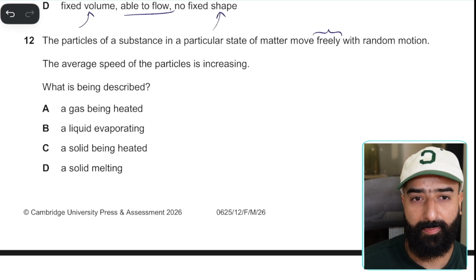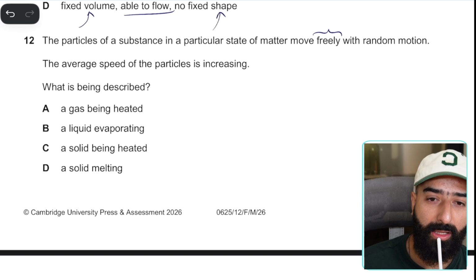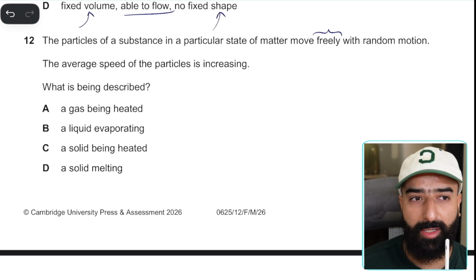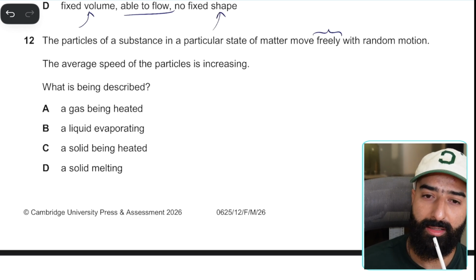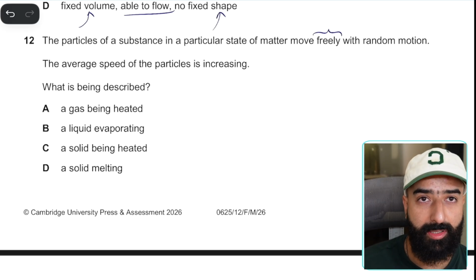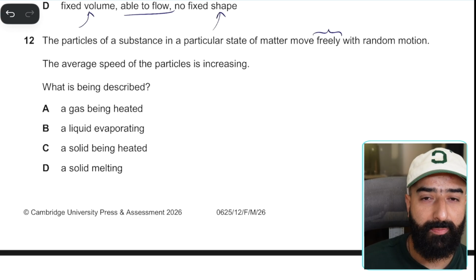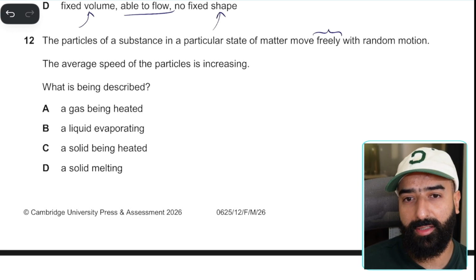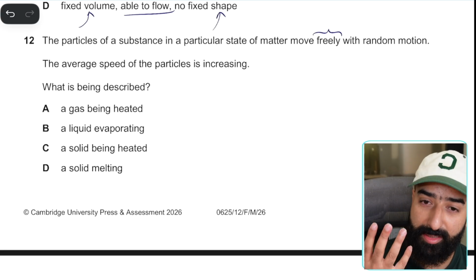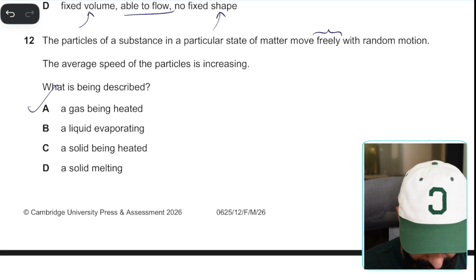So it should be a liquid or a gas. It should be a gas, right? Because the particles of gas move freely. But what's happening to it? The average speed is increasing. You can make the particles move faster if you heat the gas.